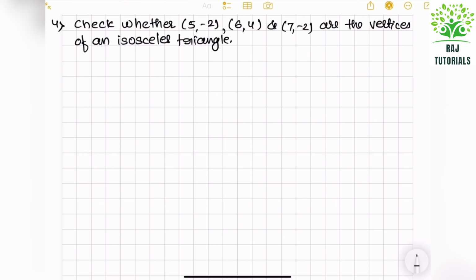Now it says check whether (5, -2), (6, 4) and (7, -2) are the vertices of an isosceles triangle.